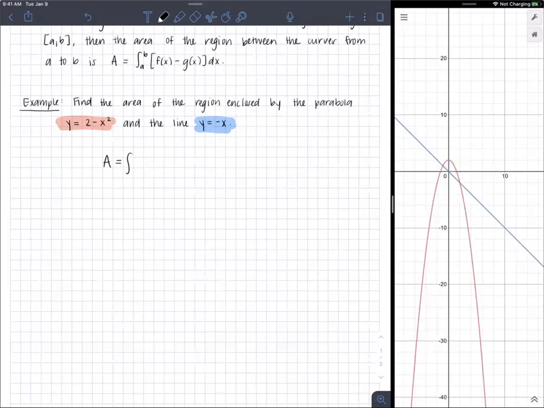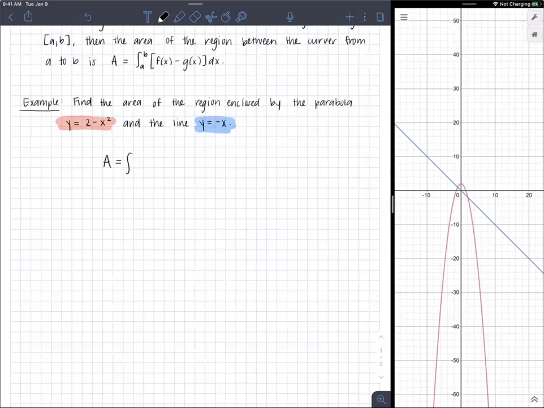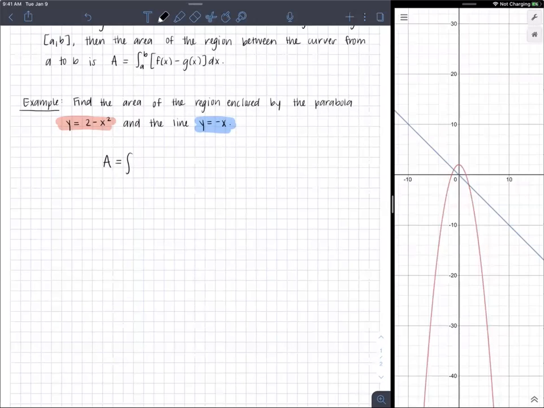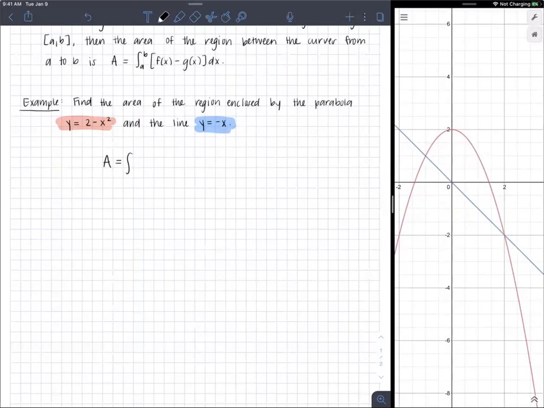Because if I zoom out, the only region that you see enclosed is below the blue curve, in between the two red sides of the parabola. Otherwise it's not enclosed, one side doesn't have a bound. And so the only part that's really closed off is from -1 to +2, so that's where we're going to integrate from, -1 to +2.